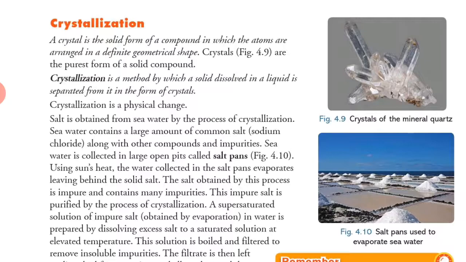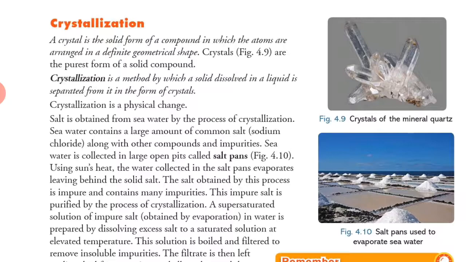Crystals are the purest form of a solid compound. So crystallization is a method by which a solid dissolved in a liquid is separated from it in the form of crystals. Crystallization is a physical change.